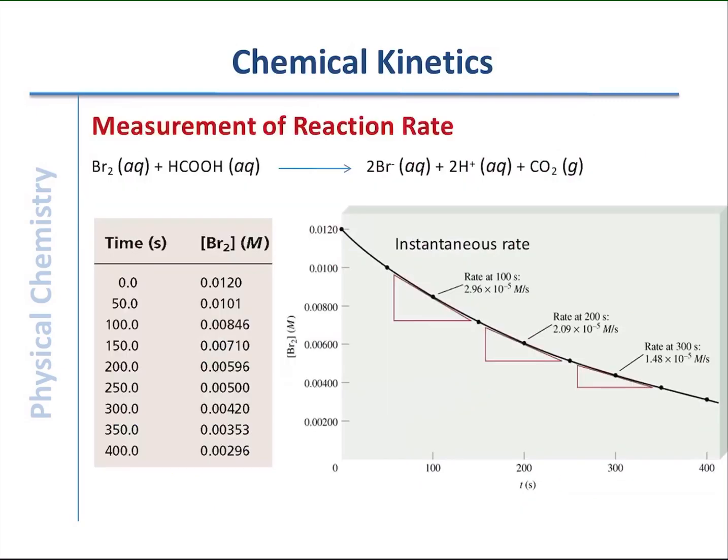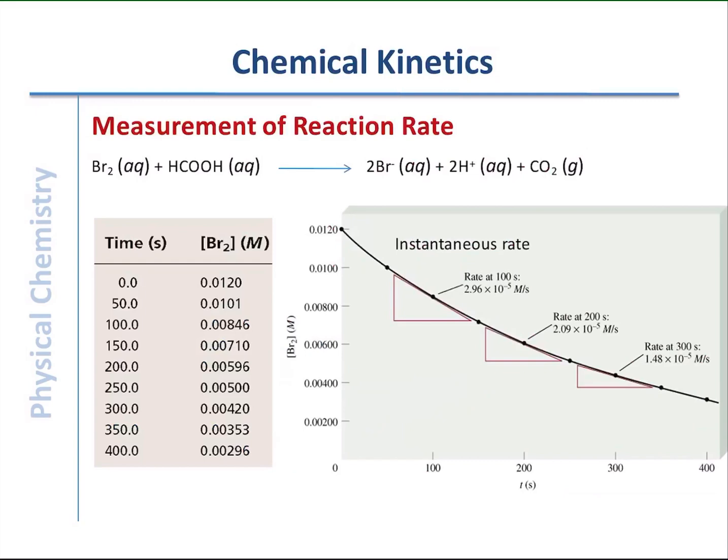How to measure the reaction rate? For this reaction of bromine with formic acid to give bromide and hydrogen ions and carbon dioxide, at zero time the concentration of bromine was 0.0120. After 50 seconds the concentration began to decrease.